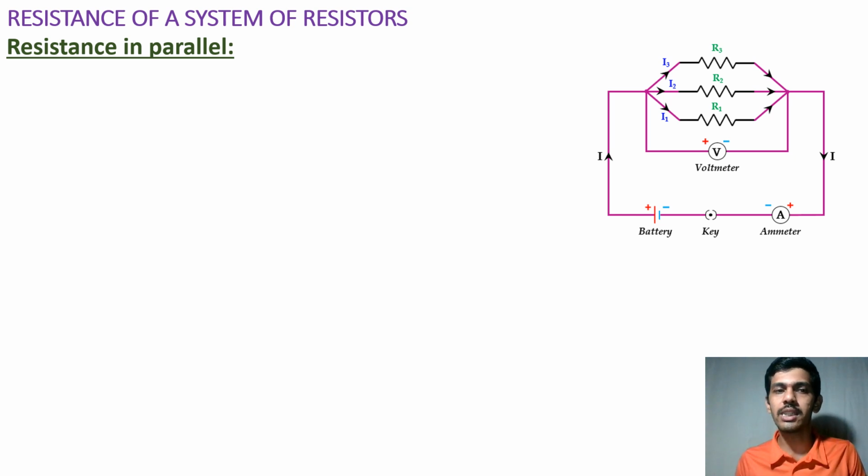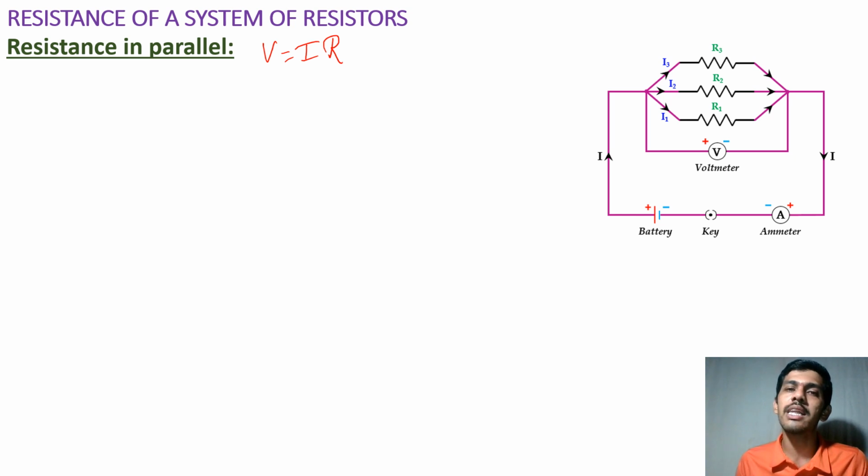When I switch on the key, I will get some readings in the ammeter. Similarly, I will get some readings in the voltmeter. That is actually V is equal to I into R, the formula from Ohm's law.